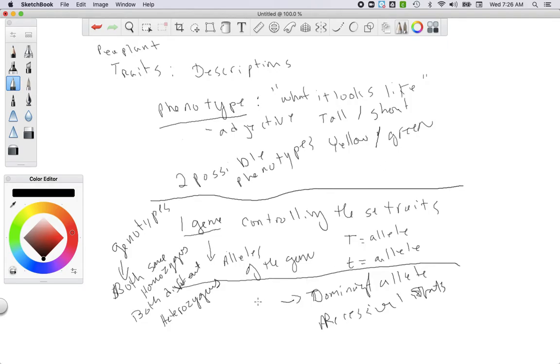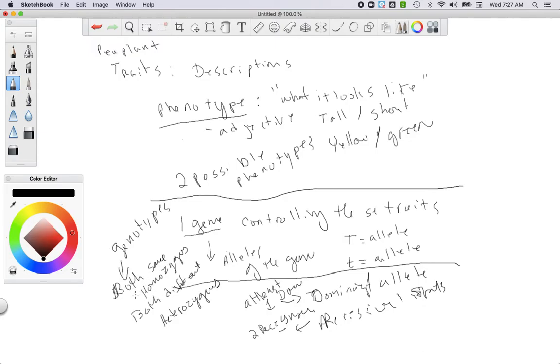If you have at least one dominant, you get the dominant phenotype. If you have two recessive alleles, you get the recessive phenotype.